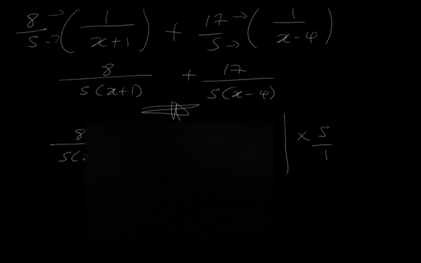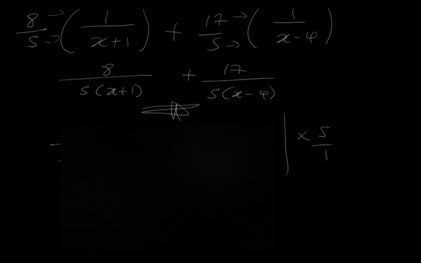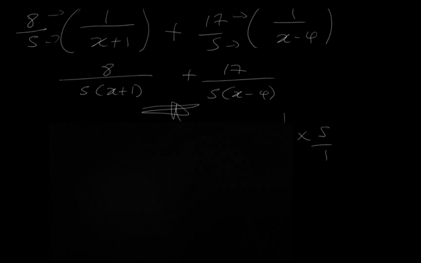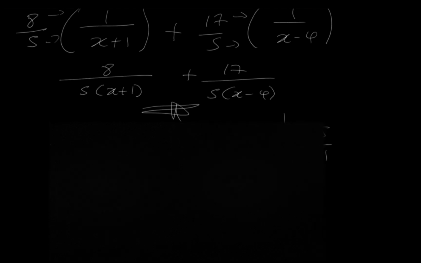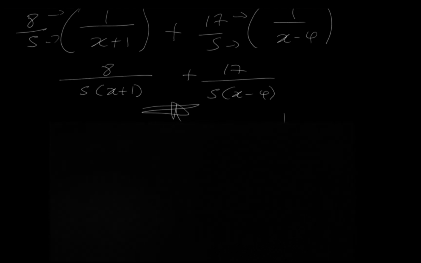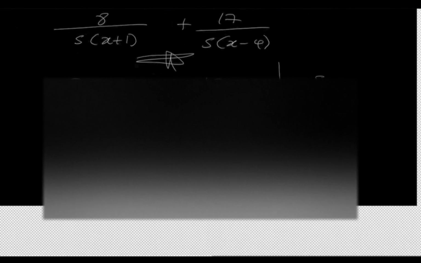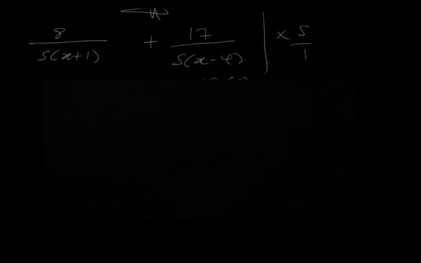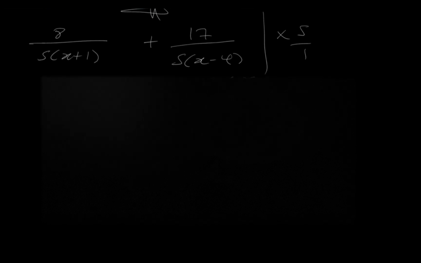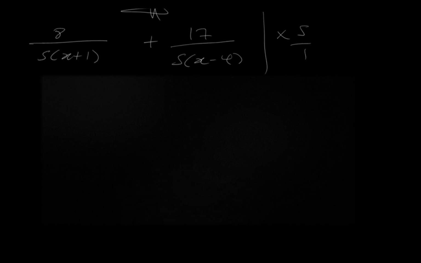The 5 cancels out the 5, and I end up having 8 over (x plus 1) plus 17 over (x minus 4). And that will be your final decomposition.